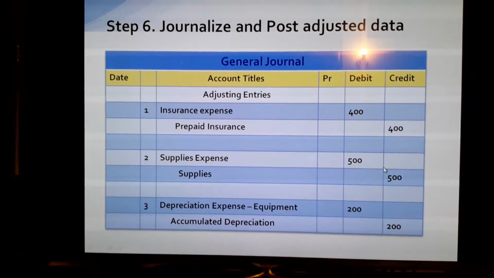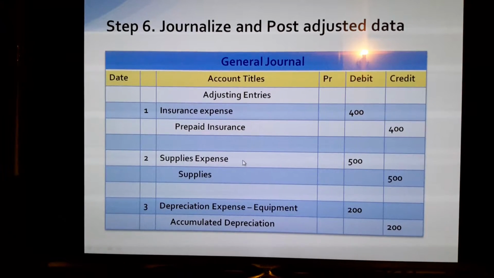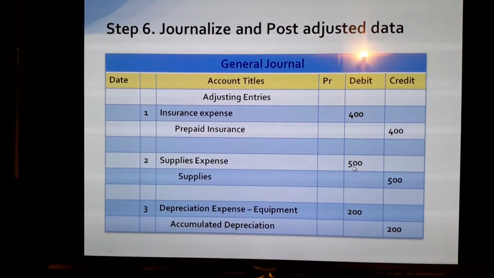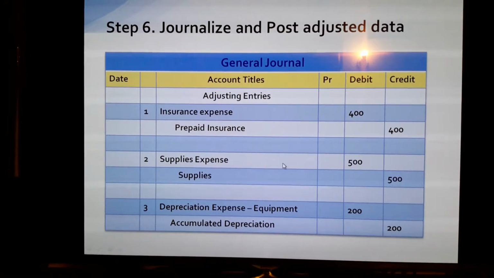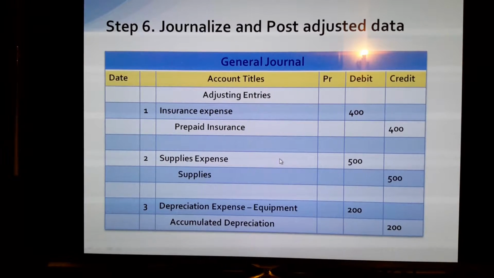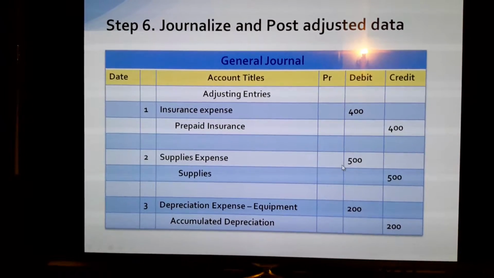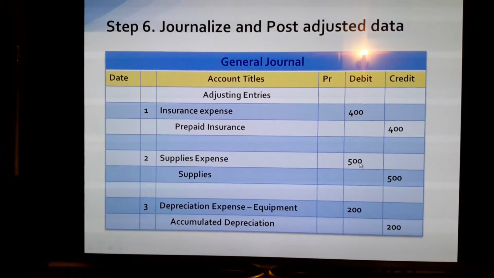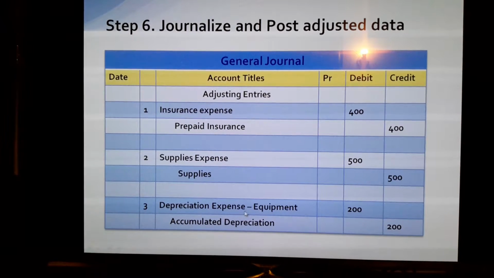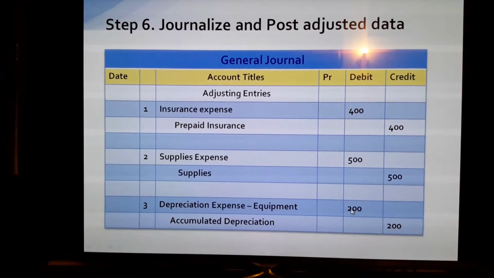Supplies expense 500, and supplies 500. So this means our supplies, we said supplies has a balance of 1,500. That means the entire supplies that we purchased was 2,000, but on hand supplies is 500. So the supplies that we used is this $500. Okay, depreciation of equipment, our depreciation is 200.